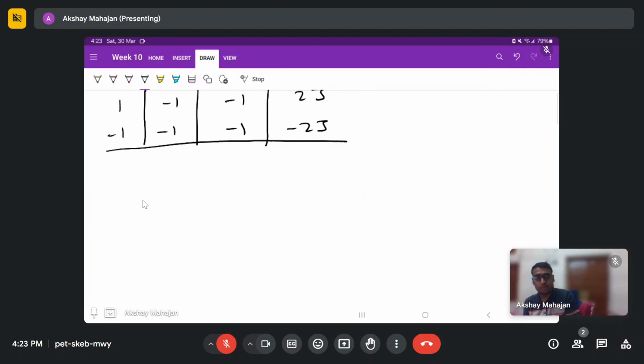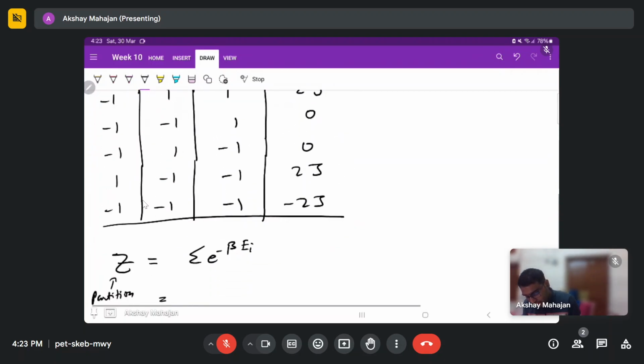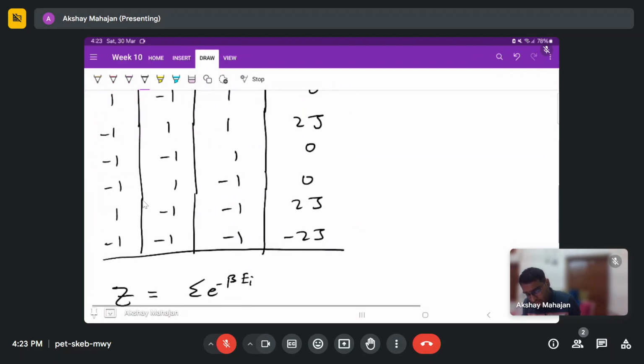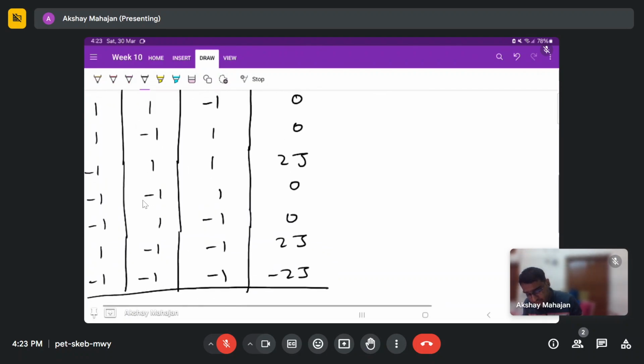For that, first we have to find the partition function. So this is our partition function, that we know is given by the sum of e to the power minus beta Ei, where beta is 1 by kBT. Then correspondingly, you just have to put all of the energies. We basically have three energy values.